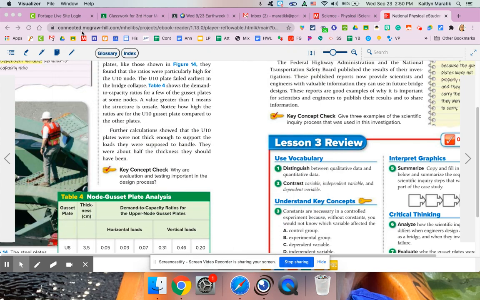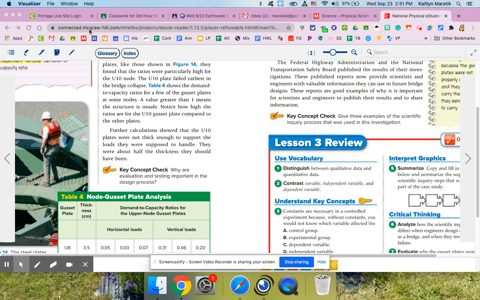So number 3. Constants are necessary, without them, we do not know which variable affected.